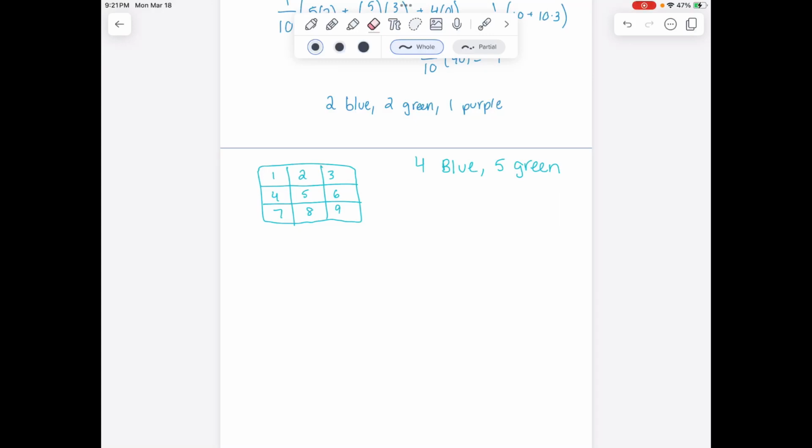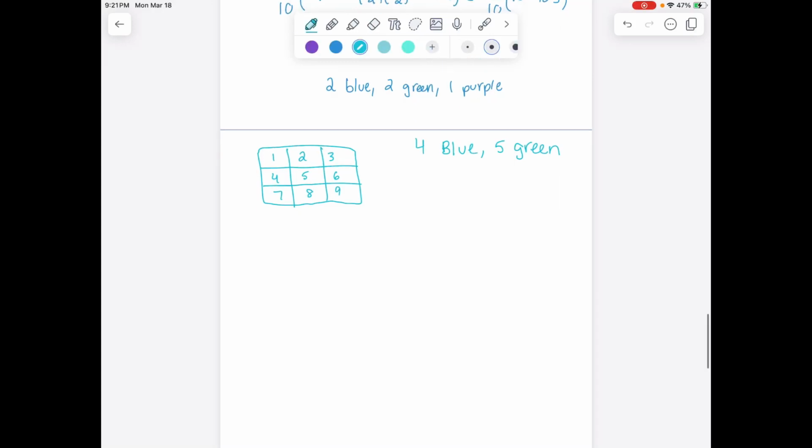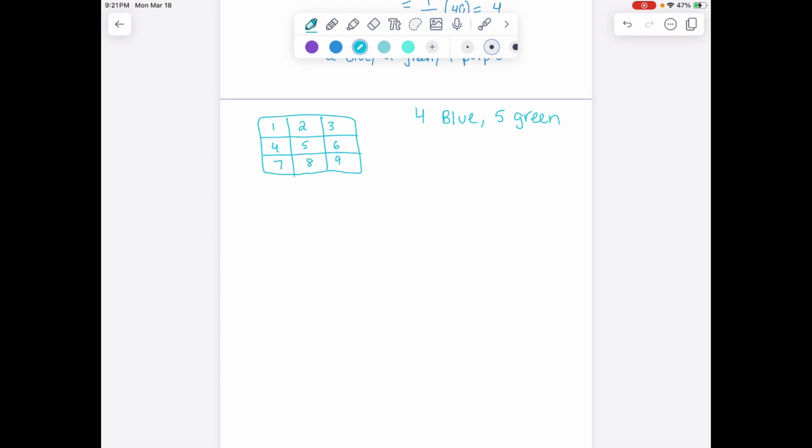So now we'll do one more example with a checkerboard, a 3x3 checkerboard. Let's say we have four blue tiles and 5 green tiles. And so we have the dihedral group of a square. Let's just call it, this is P, this is Q, this is R, this is S for the diagonals.